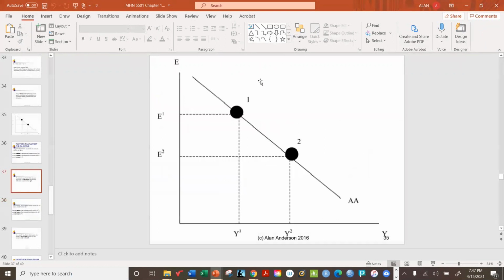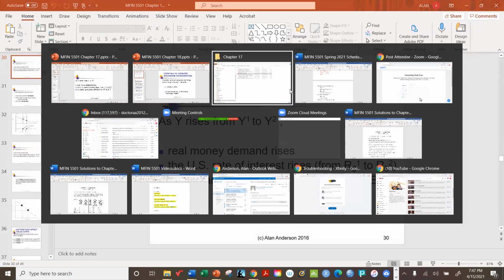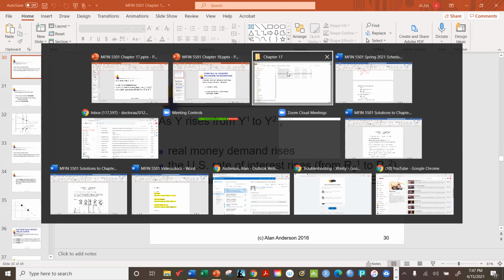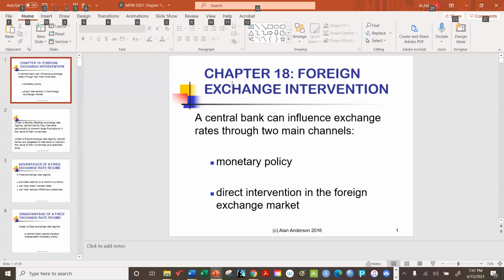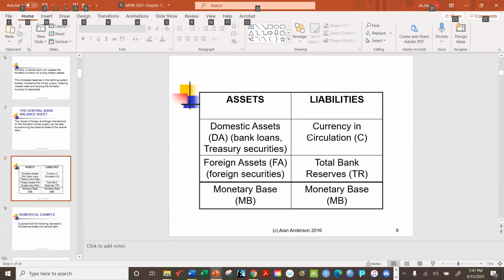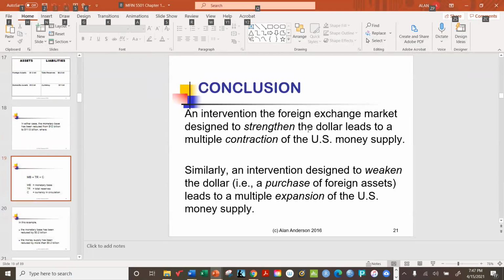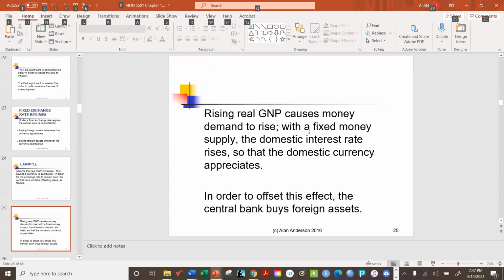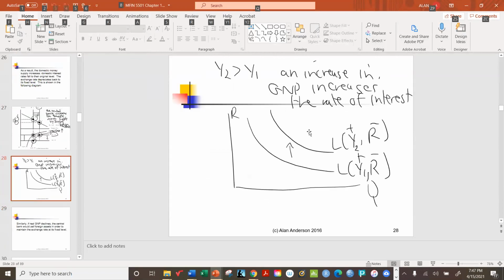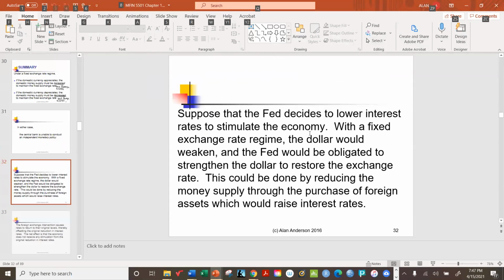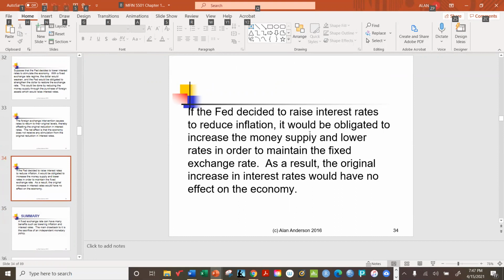Which is in chapter 18, which is our discussion about fixed and floating exchange rates. All right, so let's go get that. Now, I think I may have saved a couple more videos for tonight. I have to go double check. But remember, we were talking about fixed and flexible exchange rates. And we looked at the case of Hong Kong, where exchange rates are fixed, and they have been for many years now.